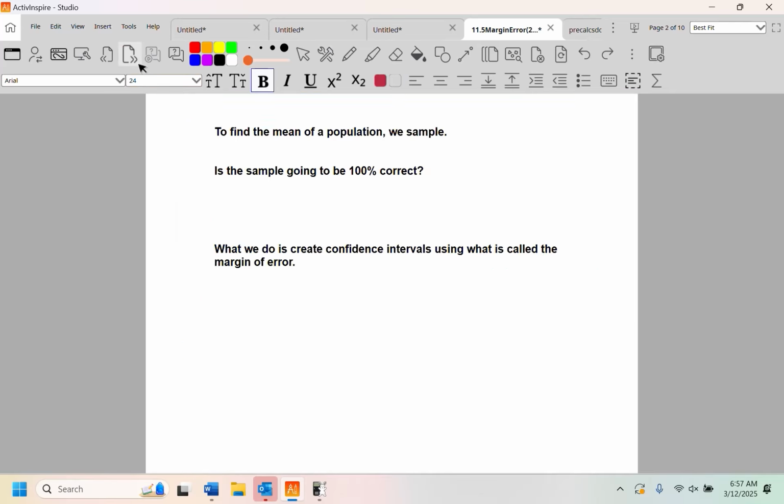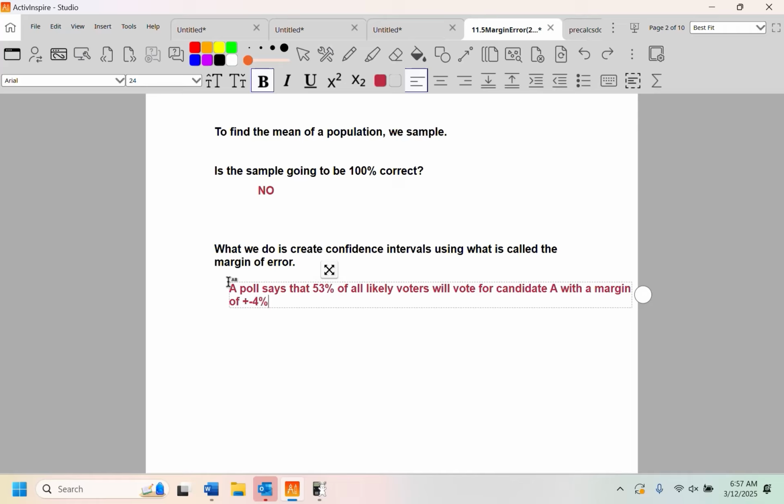All right, so to find the mean of a population, we sample. Is this sample going to be 100% correct? No. What we do is we create confidence intervals using what's called the margin of error. So we just had an election not too long ago, and a lot of this stuff you'll see in the news talking about voting. So a poll says that 53% of all likely voters will vote for, I'm not going to get political, candidate A with a margin of plus or minus 4%.